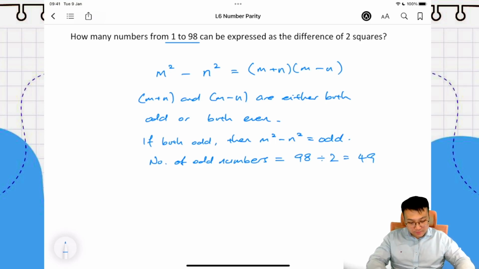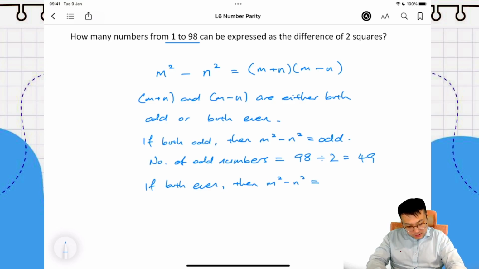What if it is even? If both of them are even, then m square minus n square will be, okay, let's see. If both of them are even, even times even is even. But don't just assume that it's going to be even.